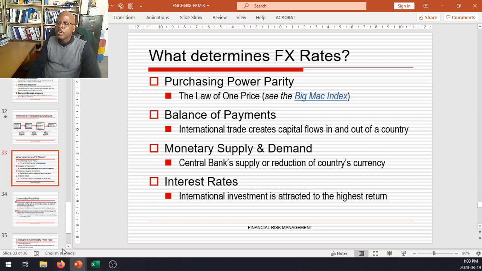So if you're not sure how these determine foreign exchange rates, I suggest you pick up your textbook on international finance and take a look and see how they affect them.